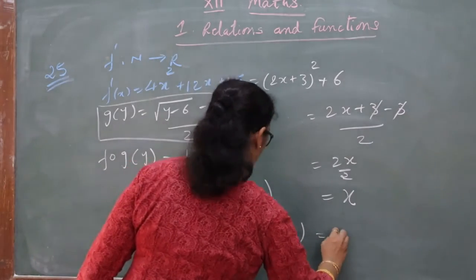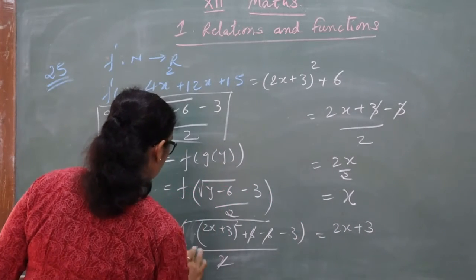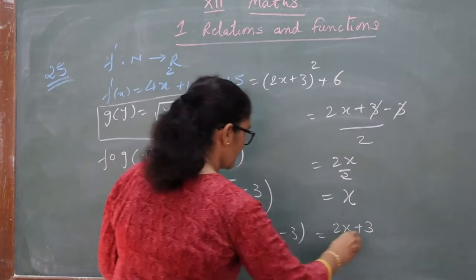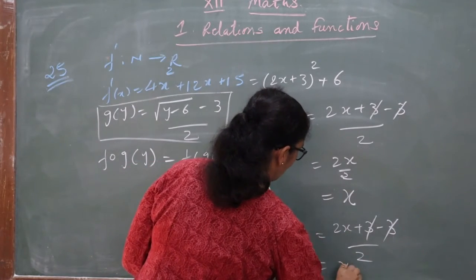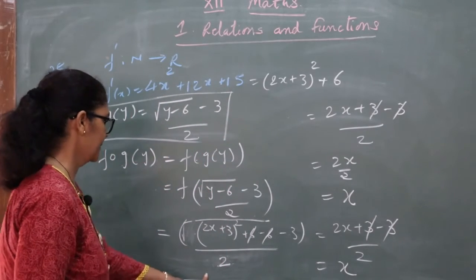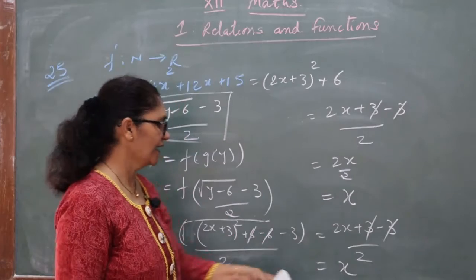So what is the remaining part? 2x plus 3. Sorry, not this 2. 2x plus 3 minus 3 by 2. So this 2 cancel and now you get x. So what we have proved? F over g also identity.